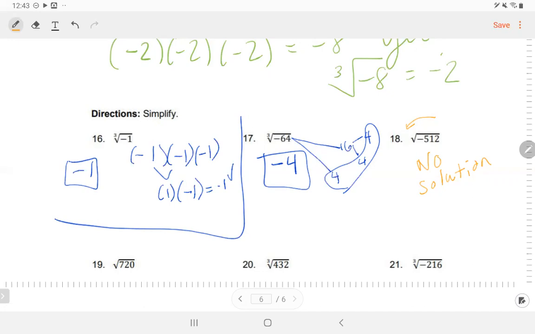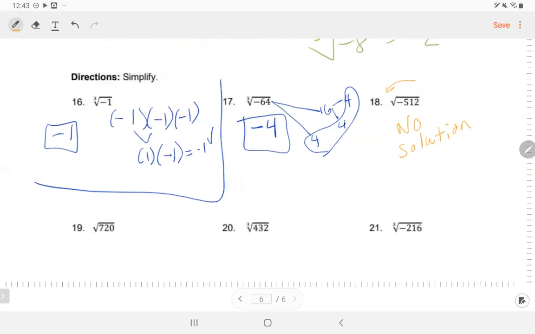I am going to go down to number 20 here. So if I'm going to take the cube root of 432, I know that 432 can be divided by 4, and that will get me 108. If I divide 108 by 4, I'll get 27.